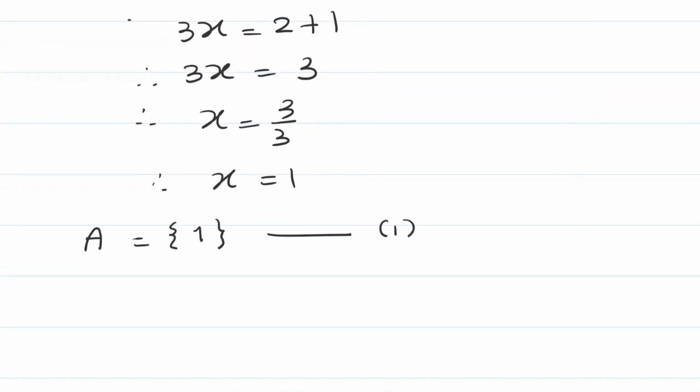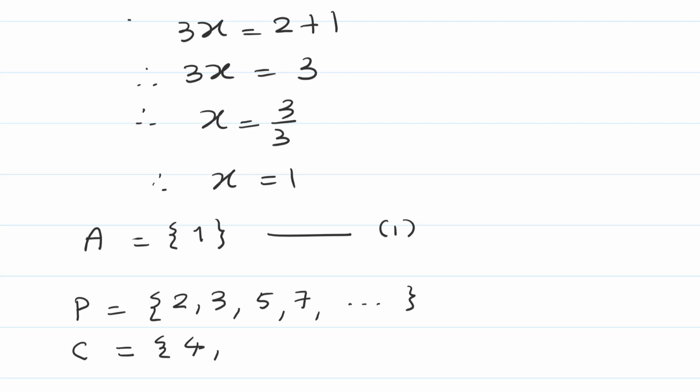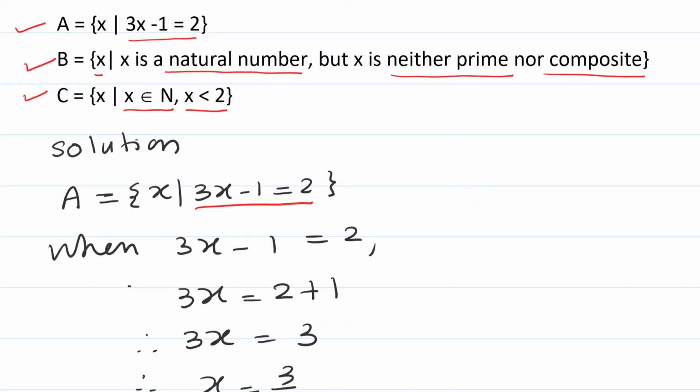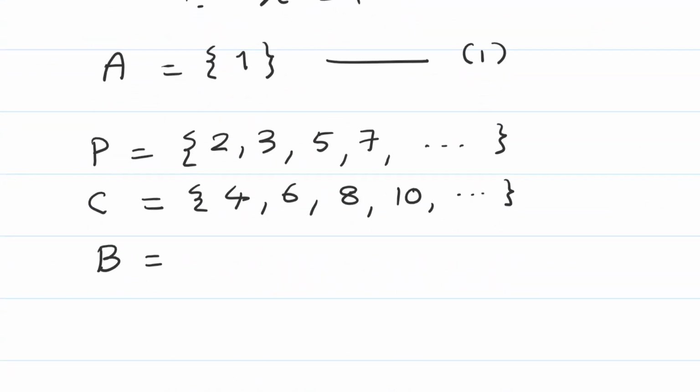Now we know that set of prime numbers are 2, 3, 5, 7, ... and set of composite numbers are 4, 6, 8, 10, ... Now B is set of all x such that x is natural number. Set of natural numbers is 1, 2, 3, 4, 5, 6.